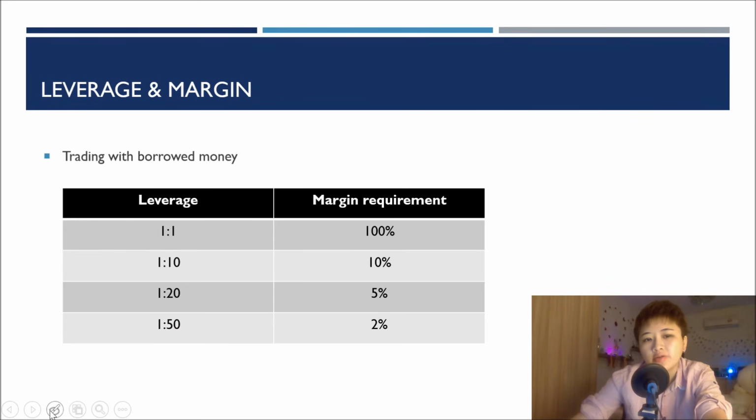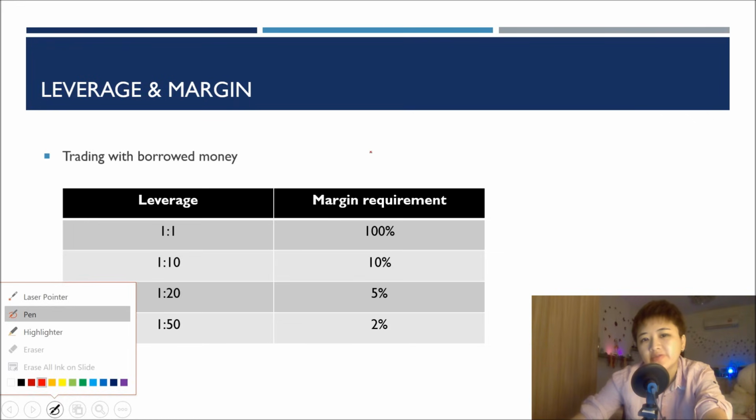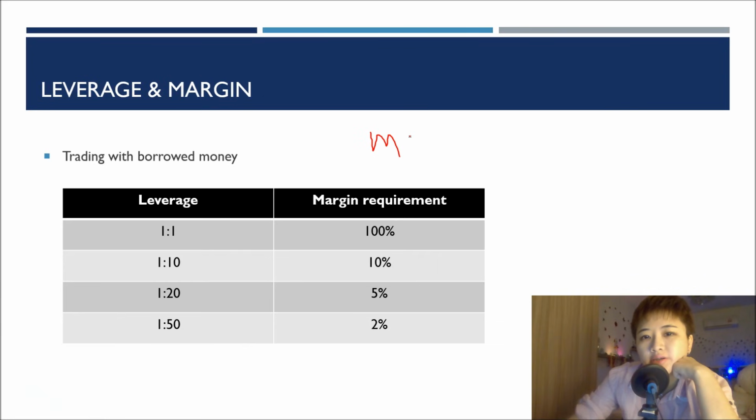Okay? So I'm going to talk a little bit more about leverage and margin because a lot of people ignore this. You need to understand that margin is equal to 1 divided by leverage. Ignore my handwriting because I'm a left-hander and my mouse is right-handed. Margin is equal to 1 divided by leverage.